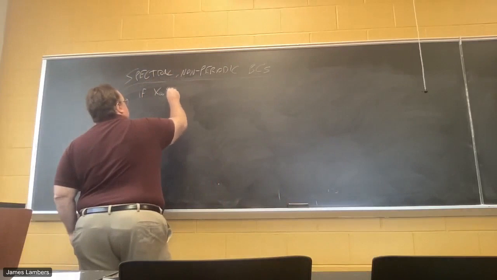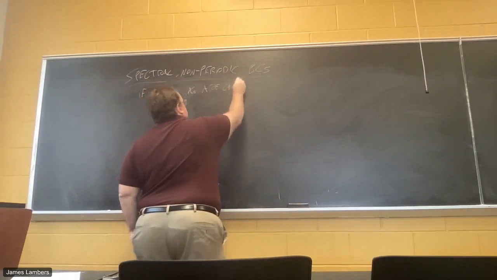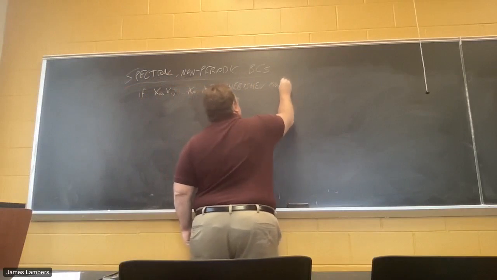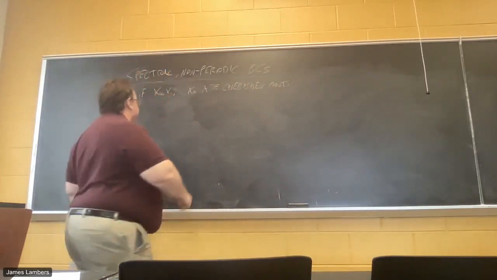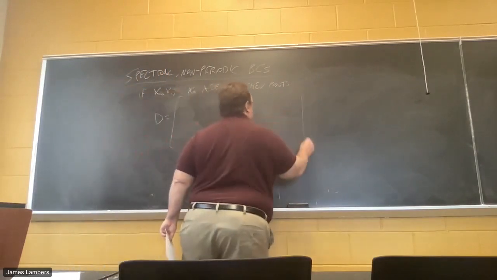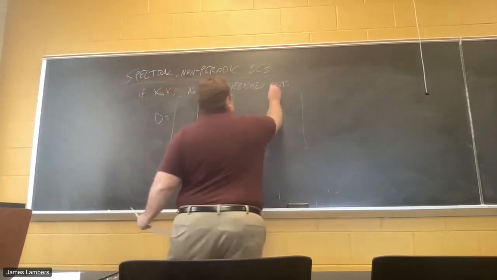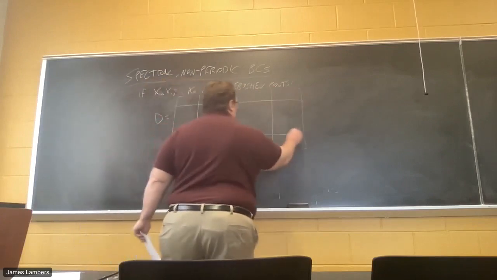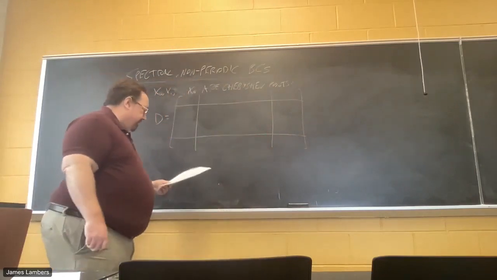But if your x values happen to be the Chebyshev points, then the matrix D has these entries. All right, what I'm going to show is there are certain formulas that apply to the first row, last row, first column, last column, and then in the interior.